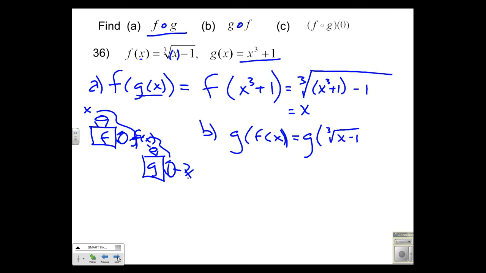And g is a factory that takes things, cubes them. Oh, let me come back to that. I'm getting ahead of myself. Okay, so now g of that thing, g is a factory that takes things, the third root of x minus 1, cubes them, and then adds 1. But the third root of this to the third just becomes x minus 1 plus 1, or x.